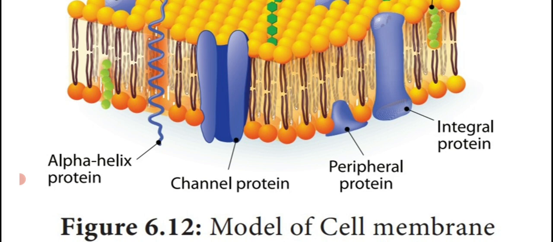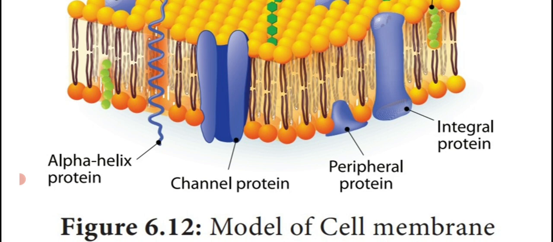Peripheral protein, which is present on the margin. Another one, integral protein, which connects the two lipid layers. Another kind of protein is channel protein. That means it forms a channel or canal to pass molecules in and out of the cell. That type of protein is known as channel protein.